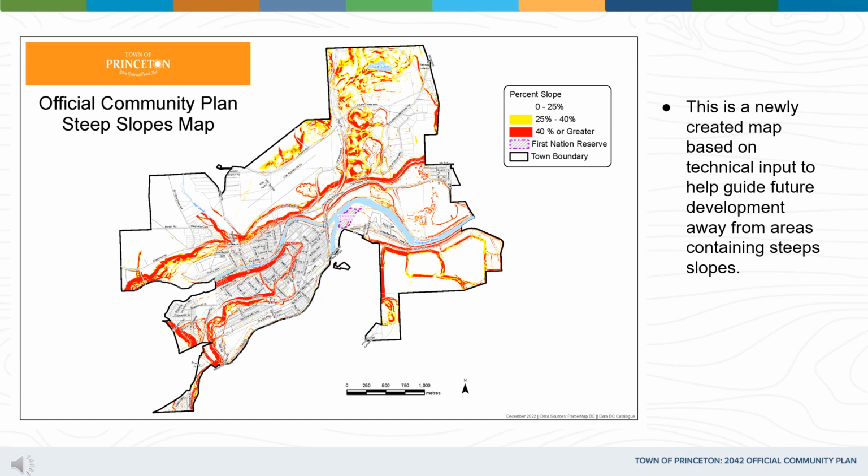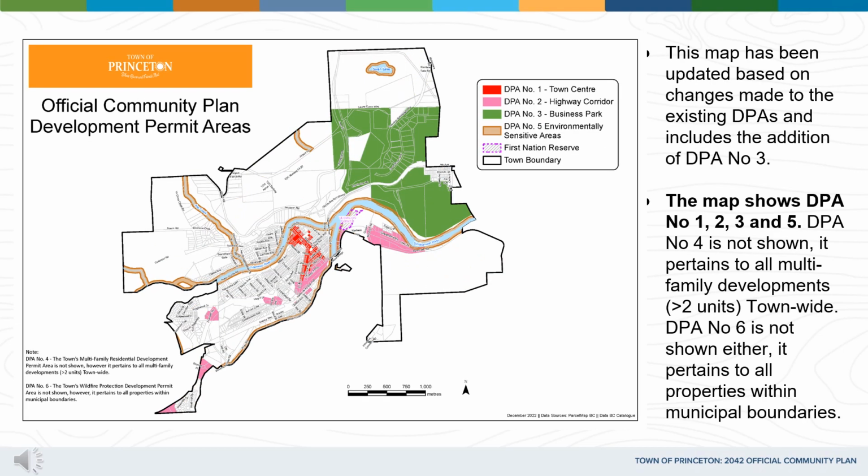The Steep Slopes Map is a newly created map that was based on technical input to help guide future development away from areas containing steep slopes. The Development Permit Areas map has been updated based on the changes that have been made to existing DPAs and includes the addition of DPA number 3.